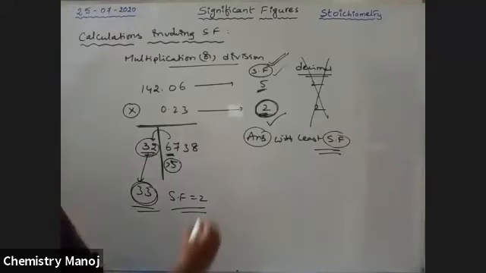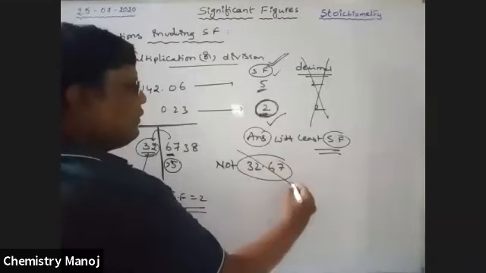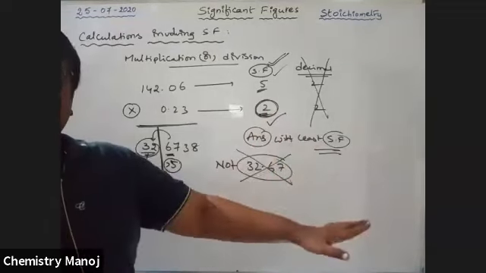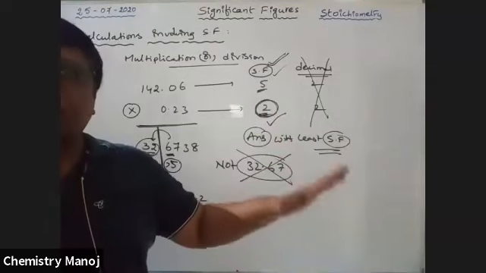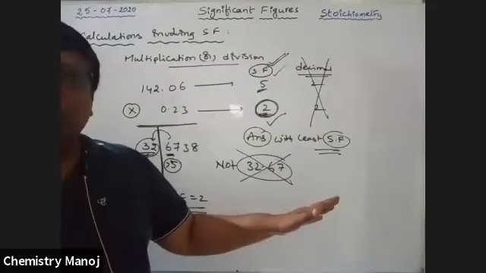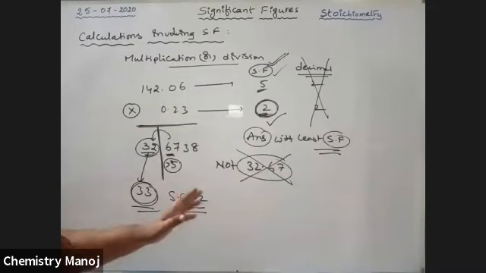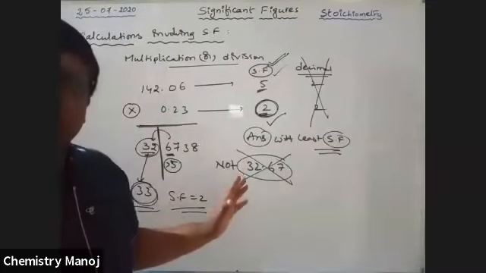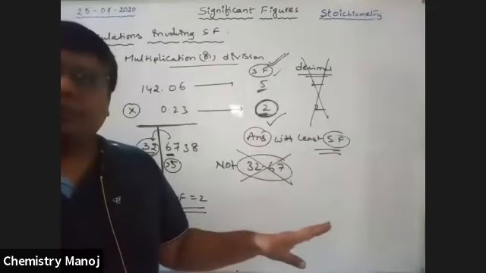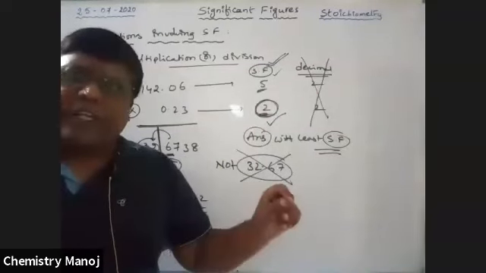So it is not 32.67. Decimal points we don't use during multiplication and division. During multiplication and division, we use the least significant figure as the final answer. But in addition and subtraction, we must use the least decimal point as the final answer.